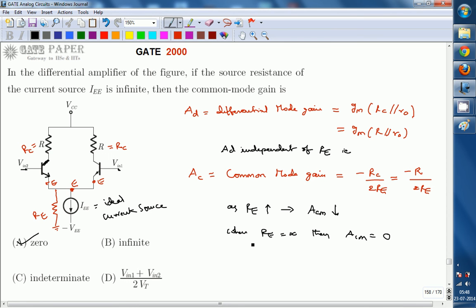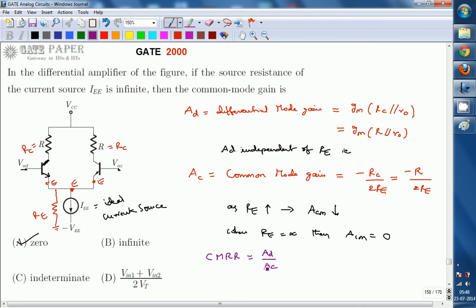The same question can be cast in another way. If RE increases, what happens to CMRR? CMRR is the common mode rejection ratio, which is defined as AD by AC. This is one more important question generally asked.